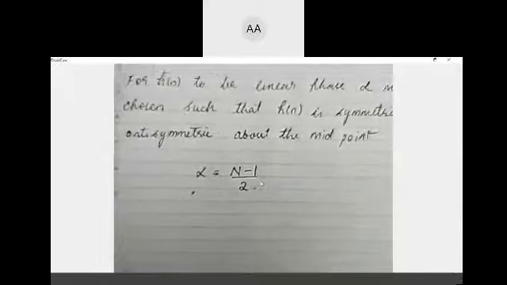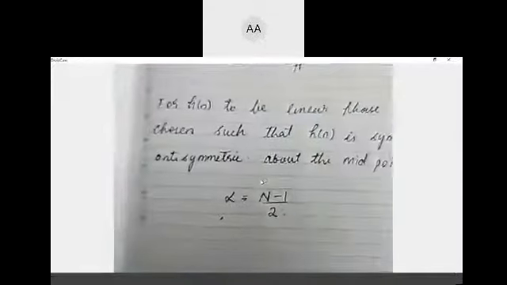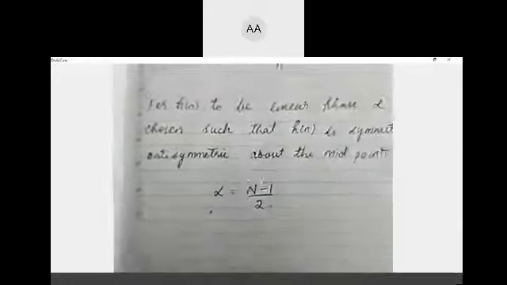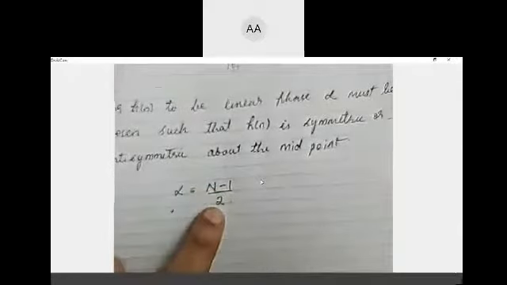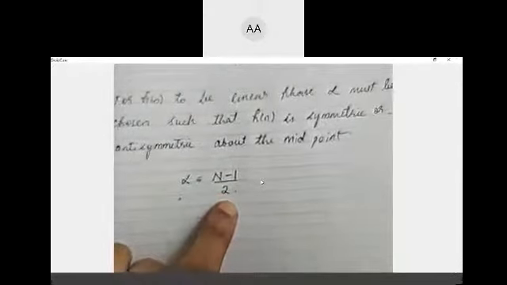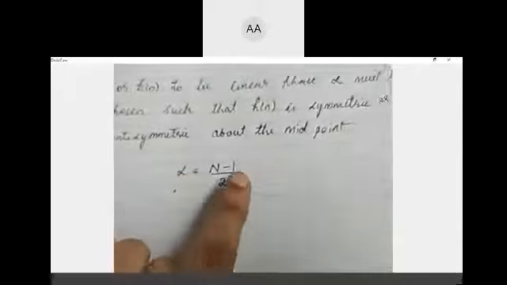Your w of n is also symmetric about n is equal to alpha. If it is symmetric, your w of n will be symmetric about the midpoint, say if you consider (N minus 1) by 2. Okay, so roughly in most of your cases, we will consider alpha is equal to (N minus 1) by 2.